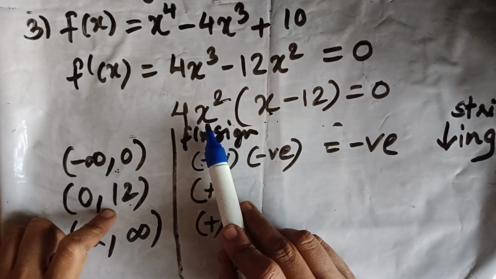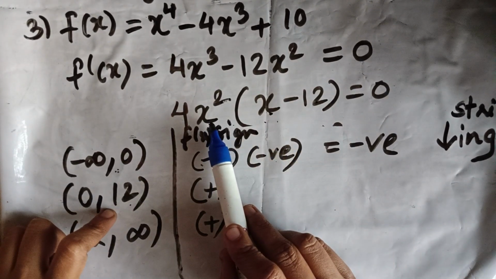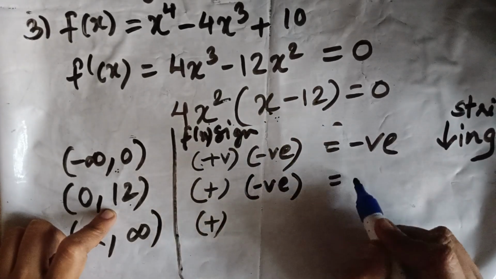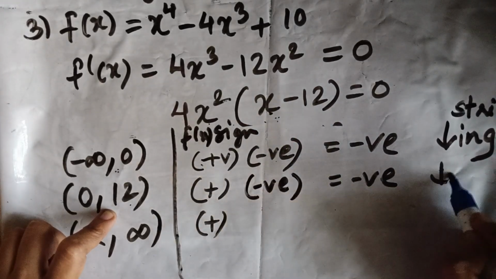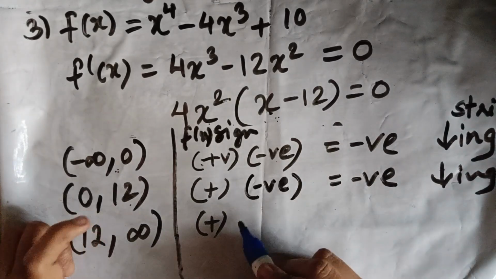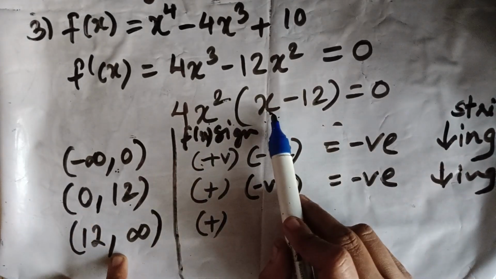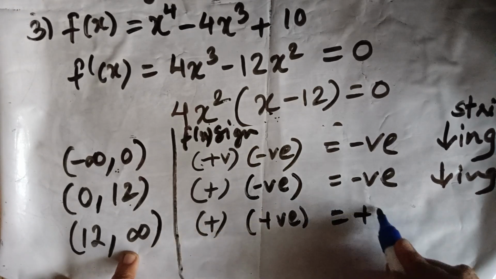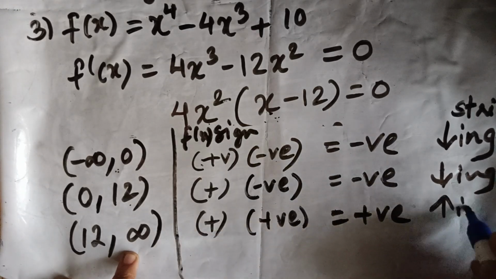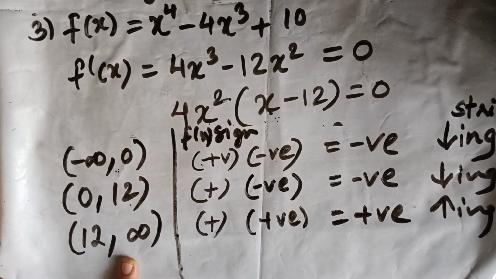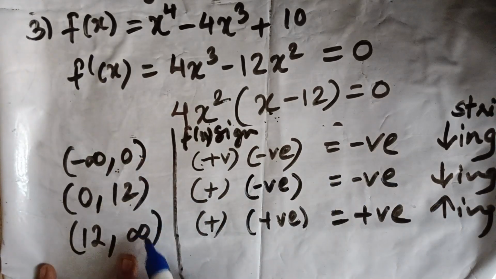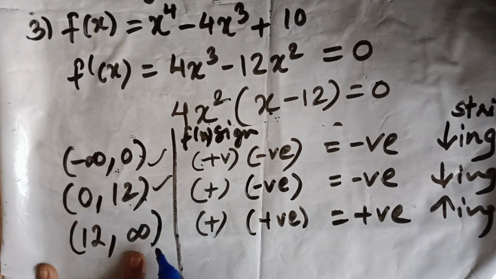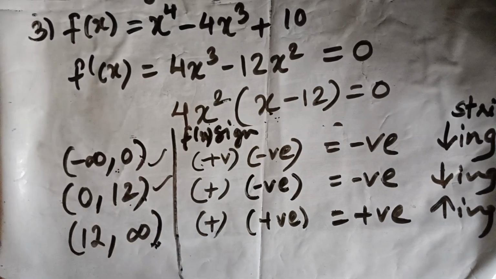If I put here 1, again negative, strictly decreasing. What about 12 to infinity? If I put here 13, positive, increasing. So on these three intervals, on these 2 it is strictly decreasing. On this, it is strictly increasing.